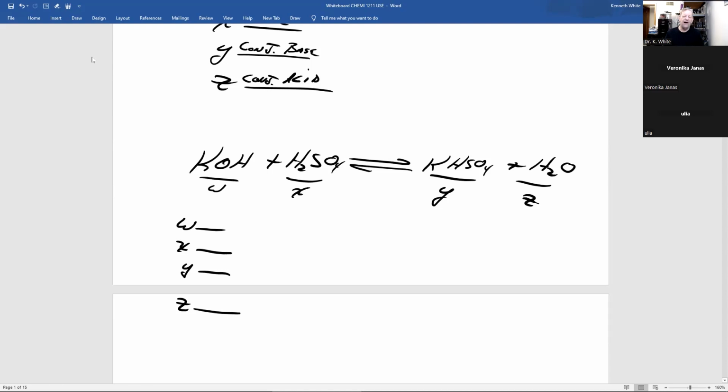All right, now I'm going to have you try to identify, like I did with a line, which are the conjugates. W, what is its conjugate on the right? X, what is its conjugate on the right? You try that first, then I'll do it.